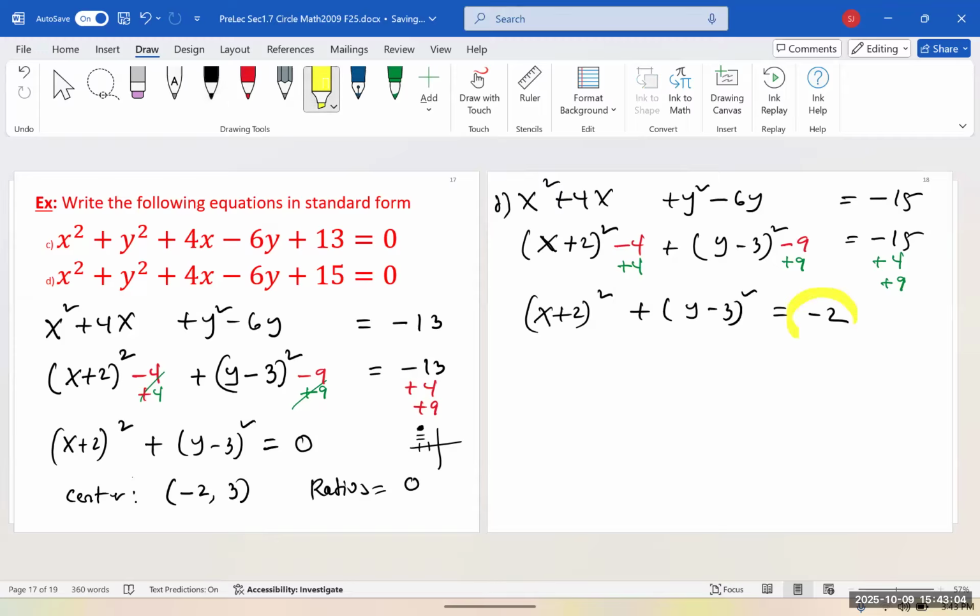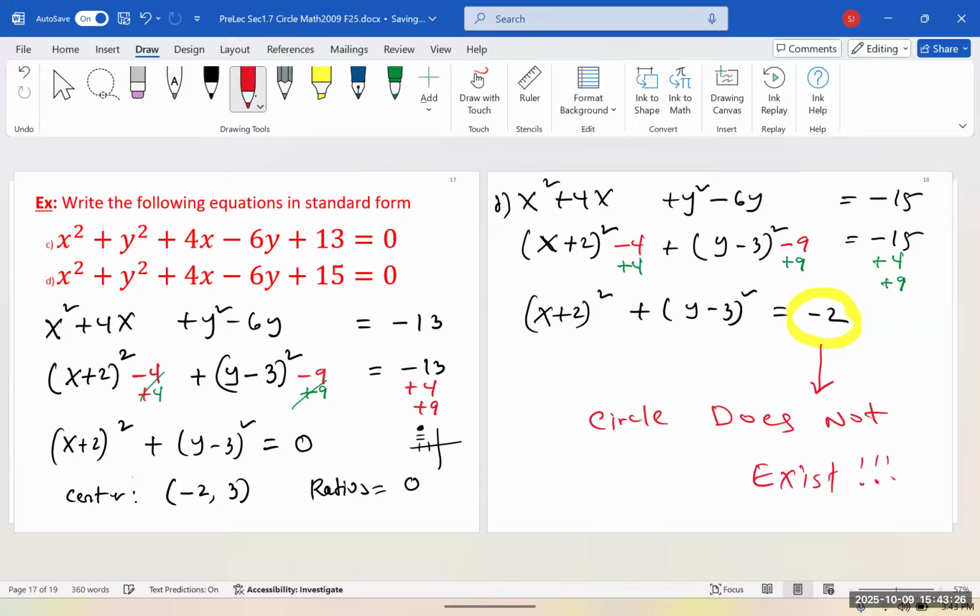Now what do you observe? What is your radius here? Imaginary number. But can a circle have an imaginary radius? So the circle itself does not exist.